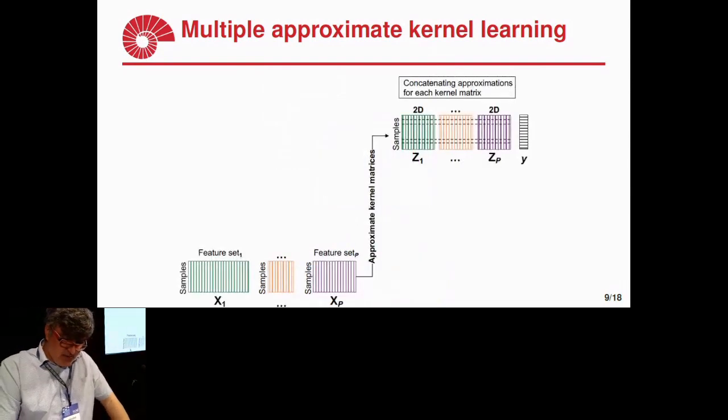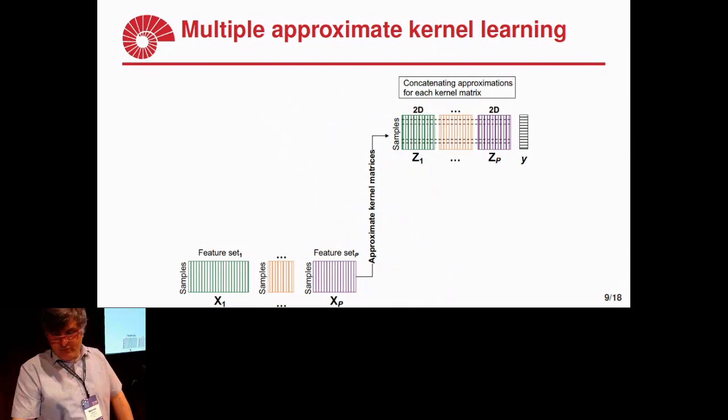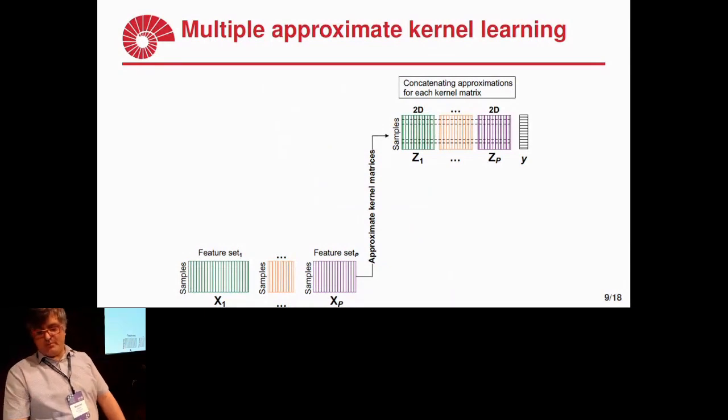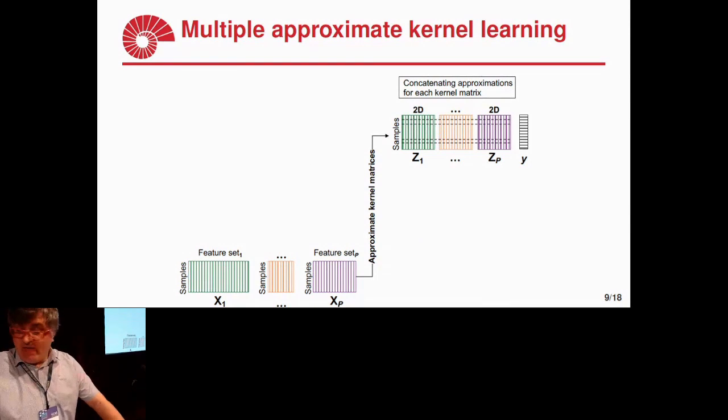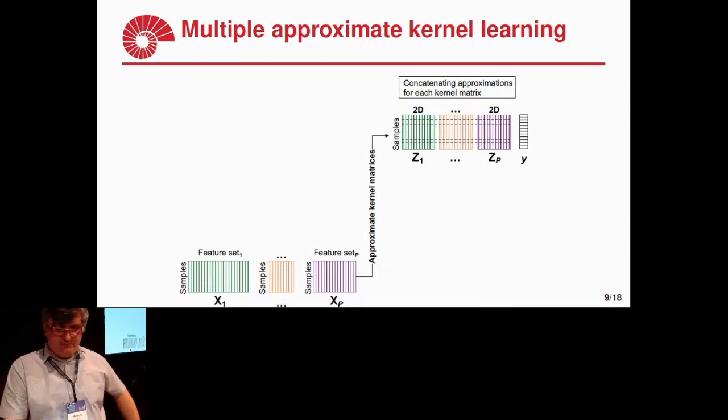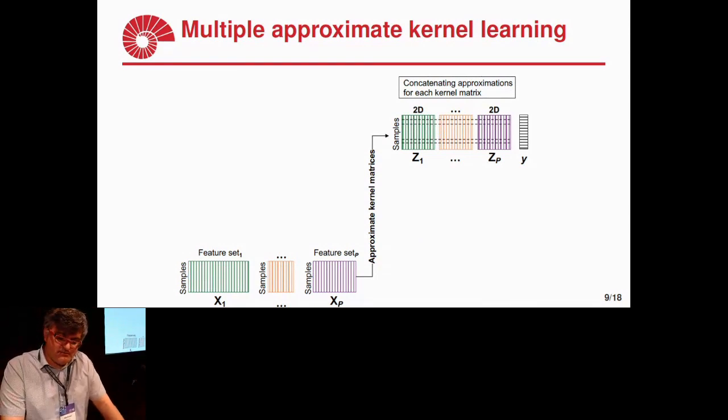In the second step, we used random Fourier features basically to generate these Z1 until ZP. We generated smaller matrices. Maybe in the illustration it is not very visible, but these matrices are much, much smaller compared to the kernel matrices, because kernel matrices are n by n. These matrices are n by 2D, and D is usually a very small number such as 100 or 200.